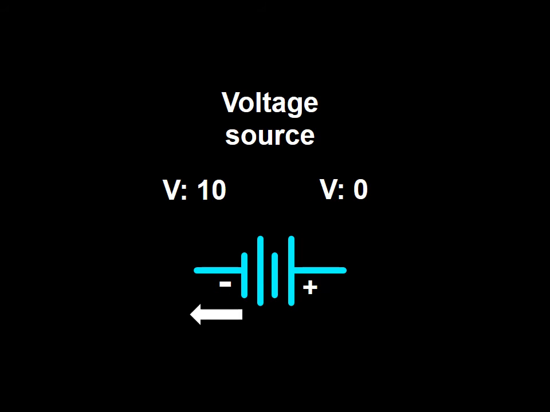In this frame, we are representing 10 volts on the negative side and no volts on the positive side of a battery. Electrons are equally distributed on both poles. Charges are also equally divided.